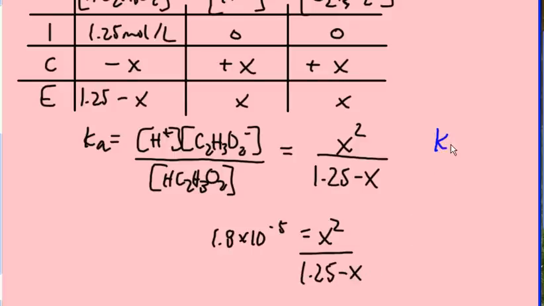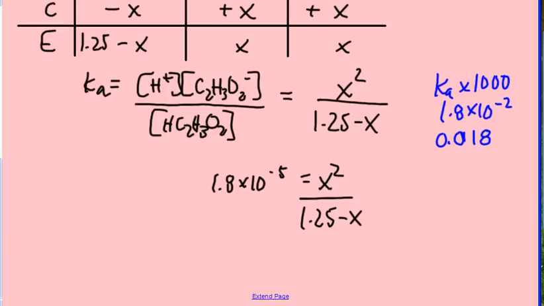So just off to the side here, Ka times 1,000 is 1.8 times 10 to the minus 2, so that's 0.018. So that's smaller than our initial concentration, still by quite a bit. So I think we can safely assume that we can ignore this x over here.